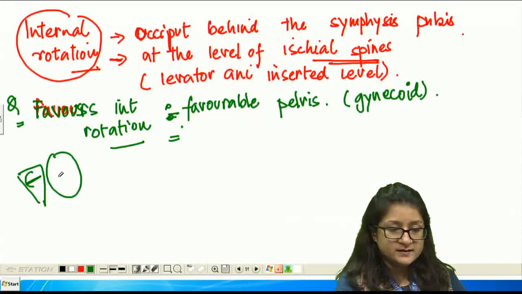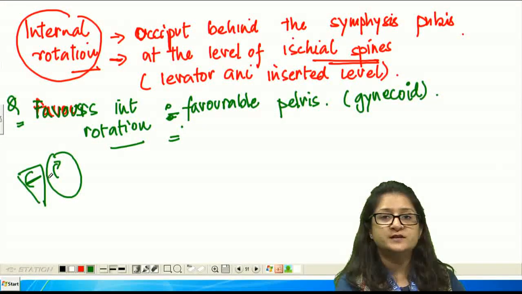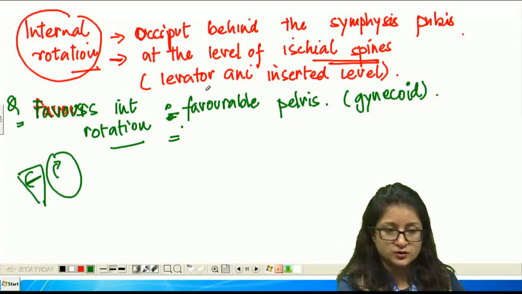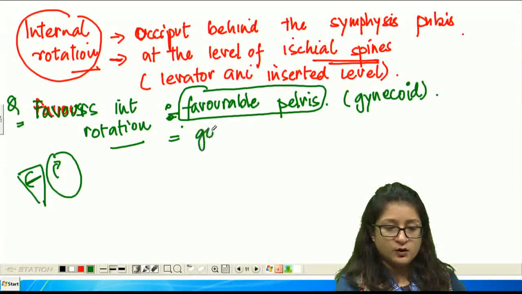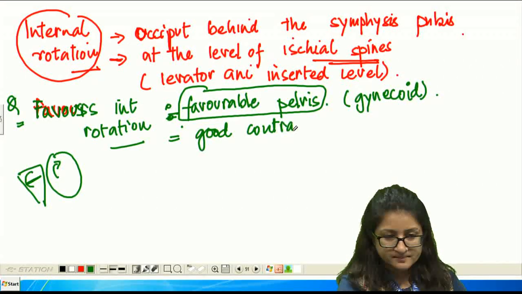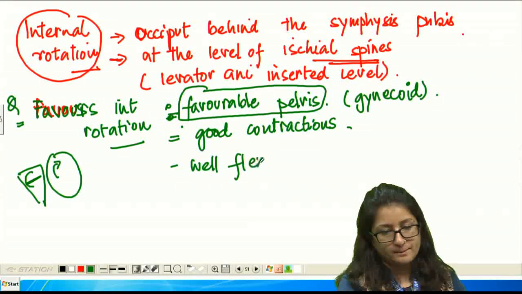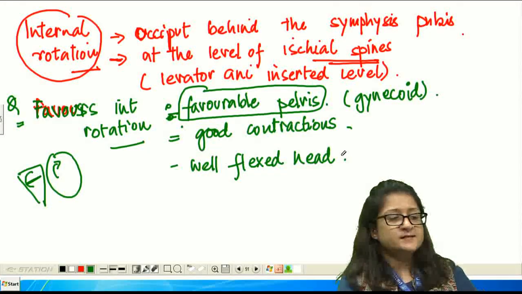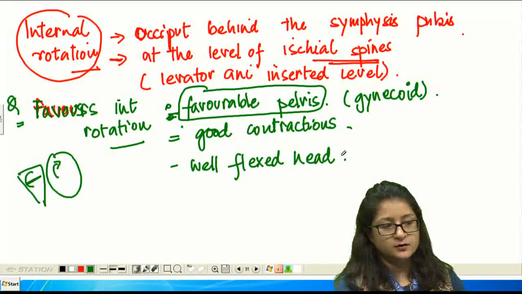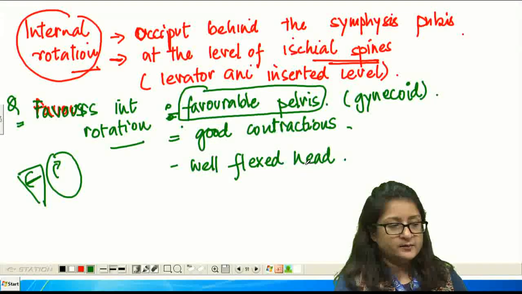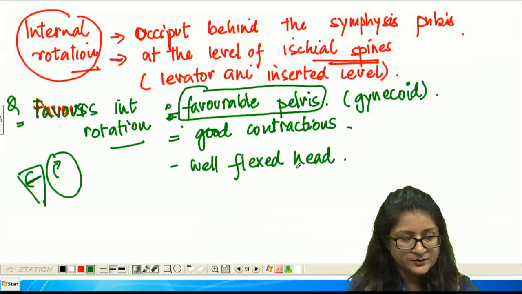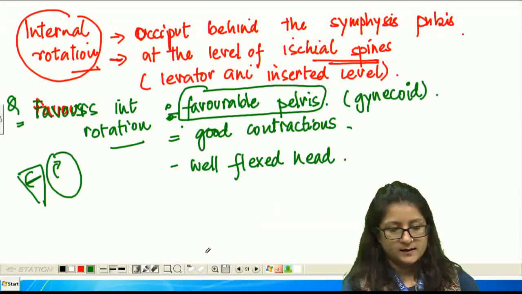Similarly, in an anthropoid pelvis, the occiput goes posteriorly, giving the direct occipito-posterior position. So a favorable pelvis, good contractions, and a well flexed head are the things which favor internal rotation. These are the important points that one should remember about labor.